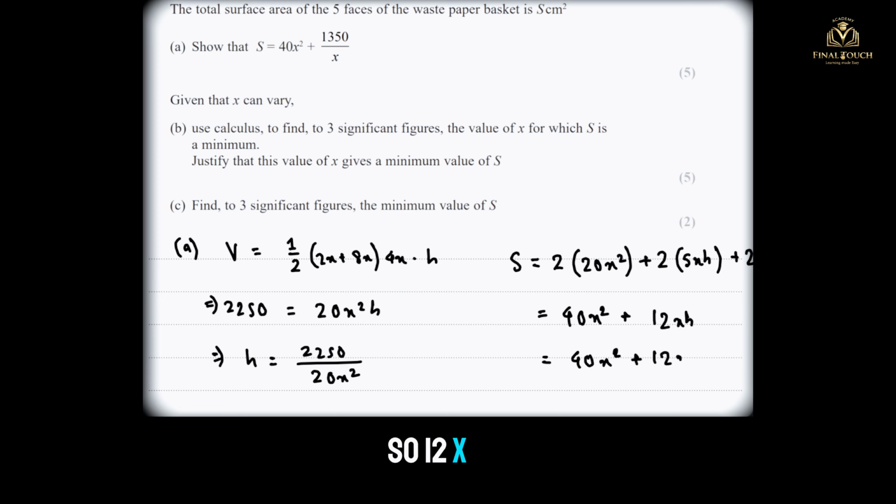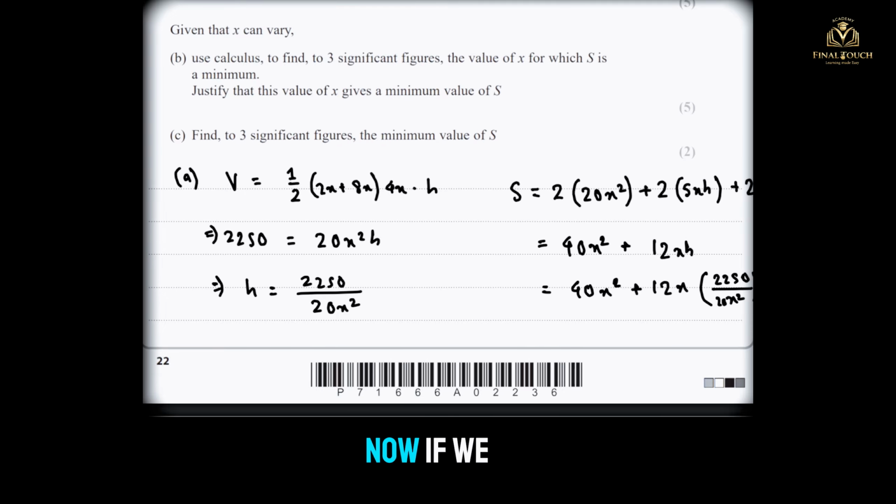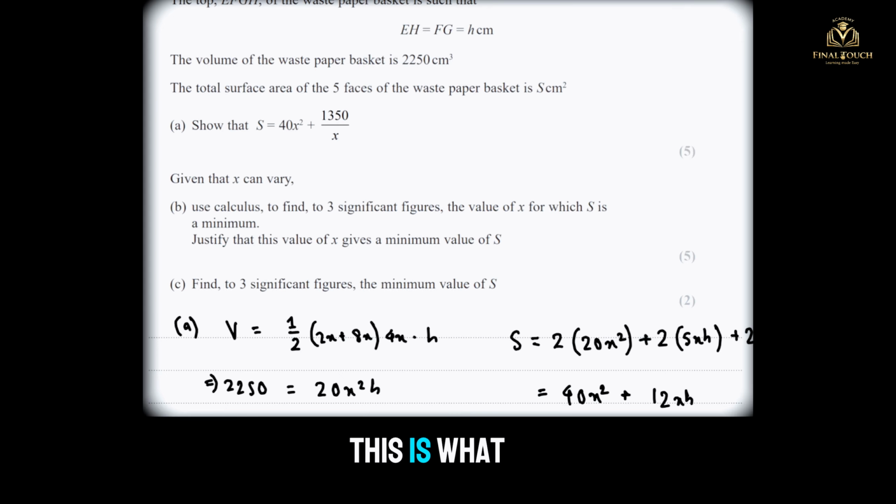So 12x into 2250 divided by 20x squared. Now if we simplify this, we end up with 40x squared plus 1350 by x. So this is what we were told to show. So we have the answer.